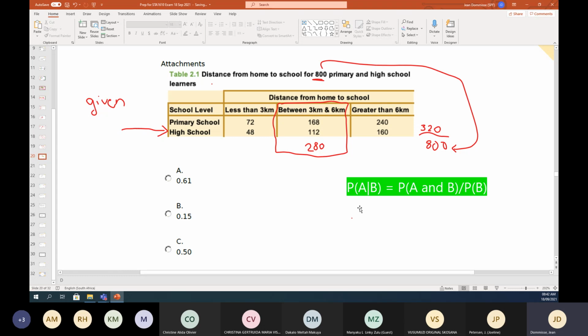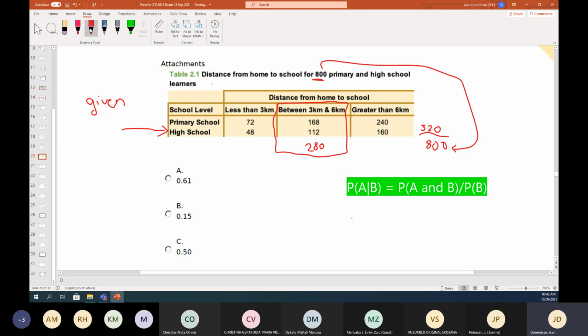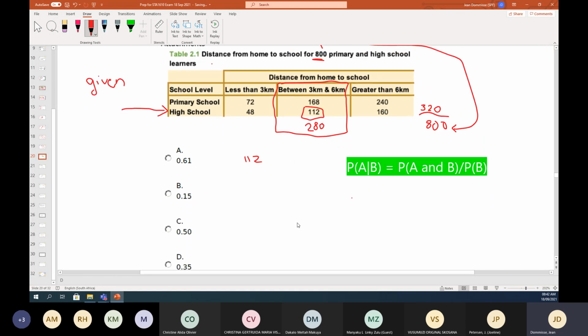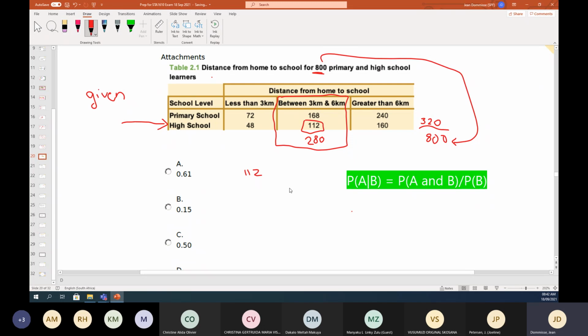The probability of A given B is the probability of A and B divided by the probability of B.